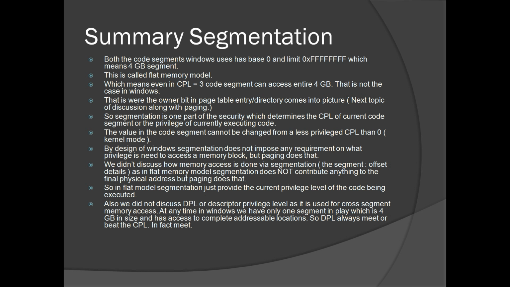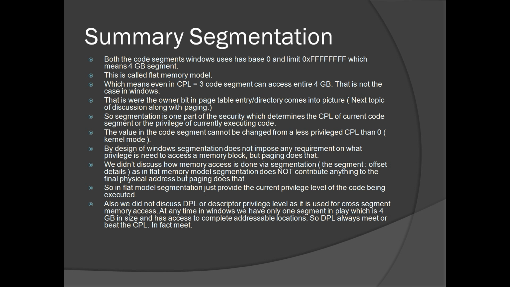So segmentation is just one part of the security, which determines the current privilege level of the code segment, or the privilege of the currently executing code. As we have hinted earlier, the value in the code segment cannot be changed from a CPL less privileged than 0.